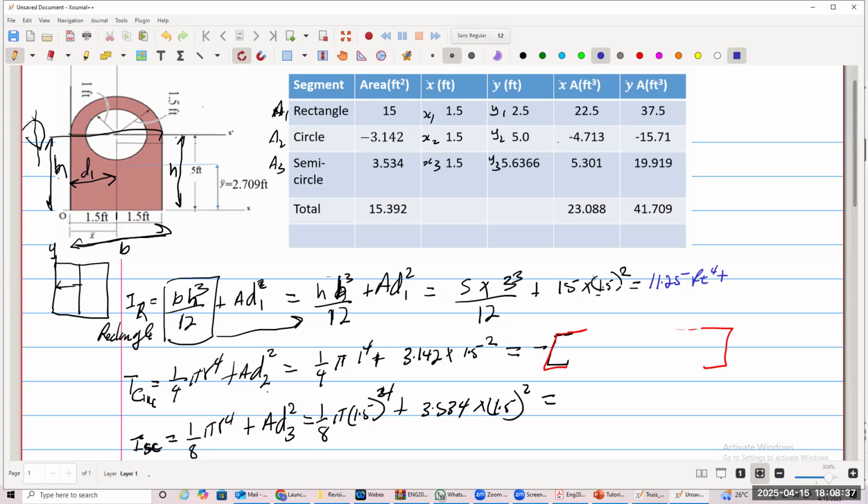How much does the other part come to now? It's going to be 33.75. 1.5 square times 15. How much do you say that is? 33.75. Add those two values for me, please. 45, 45 flat. To the fourth power. Remember, it's to the fourth power here, guys.